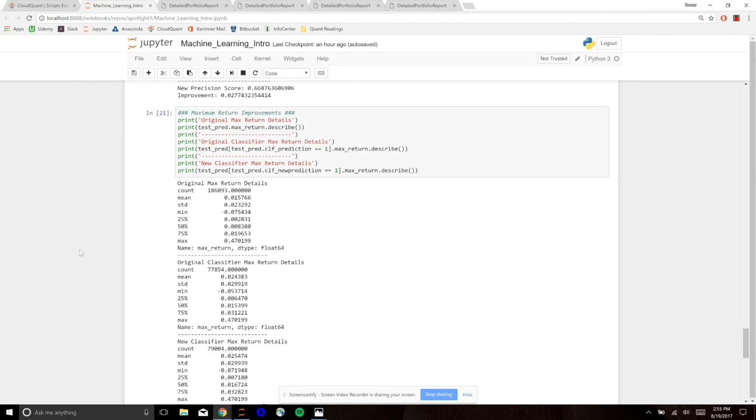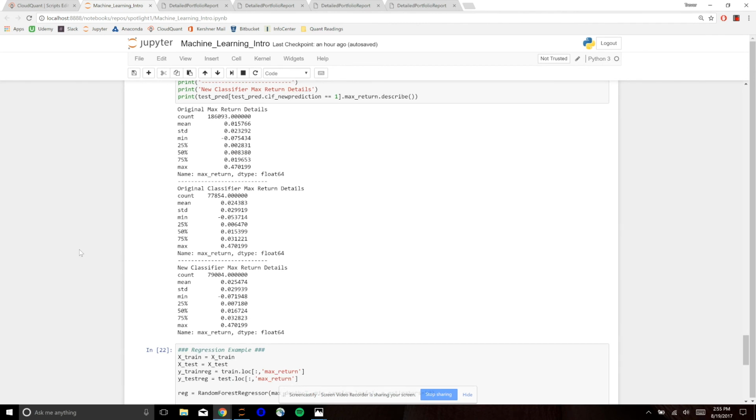Down here, if we look at our max return statistics, initially we had a 1.5% maximum return mean and a median of 0.8%. That improved to a 2.4% maximum return mean and a 1.5% median with the original classifier.